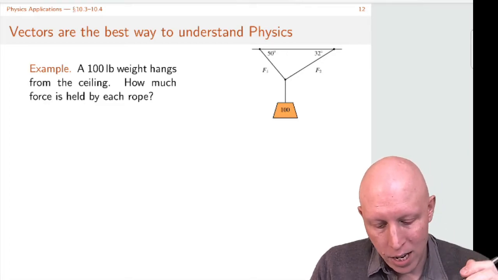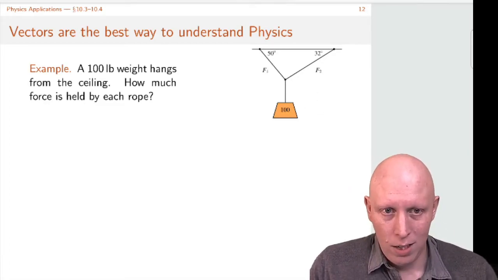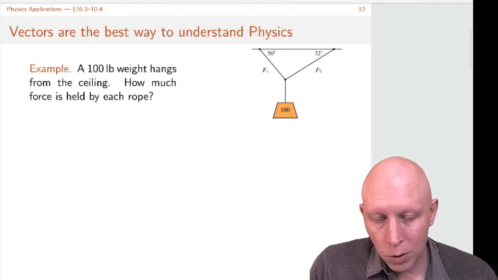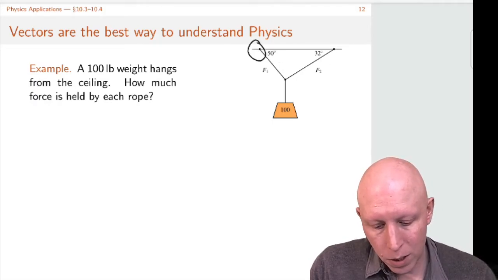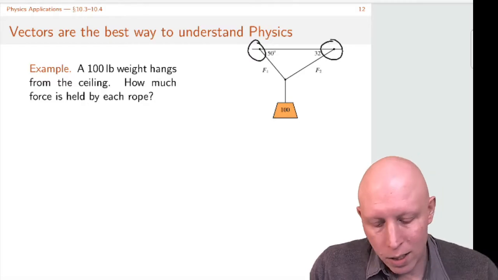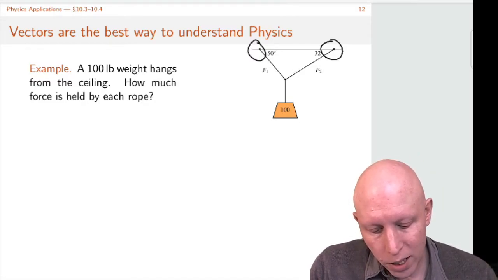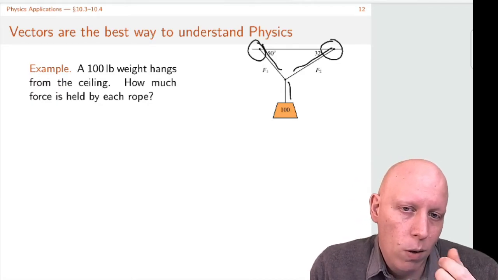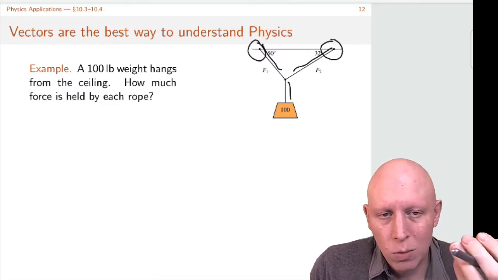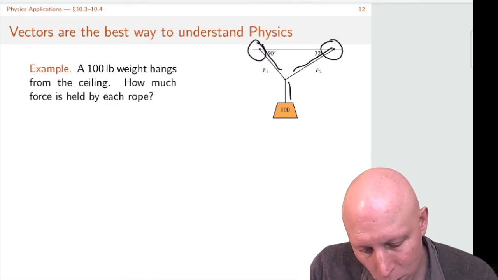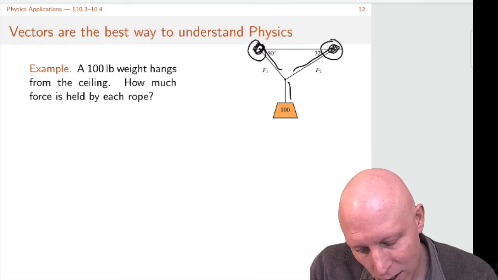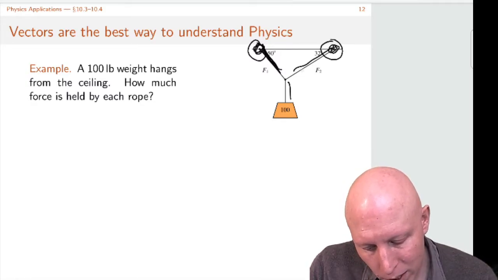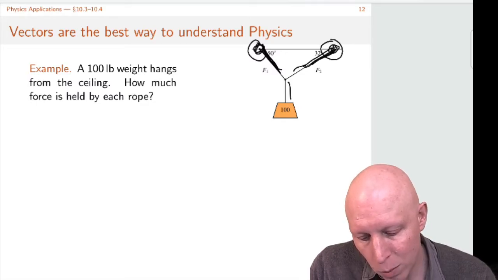Here we have a weight hanging from two different points. We've got some cords connecting these points to a weight. Once we've set this up this way, the question is, how much force is there on this rope, and how much force is there on this rope?